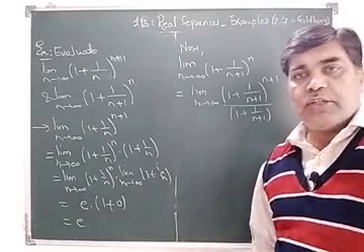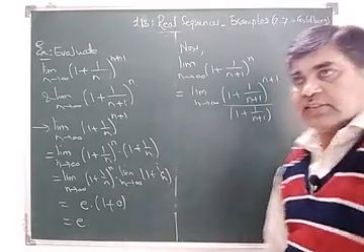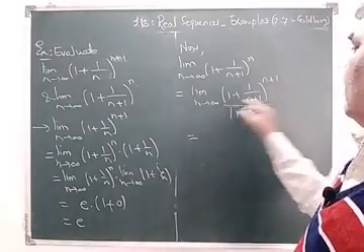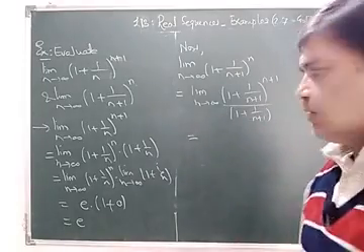Again, by using law of indices, we are getting this. So what is this? As n goes to infinity, n plus 1 also approaches infinity. Okay.